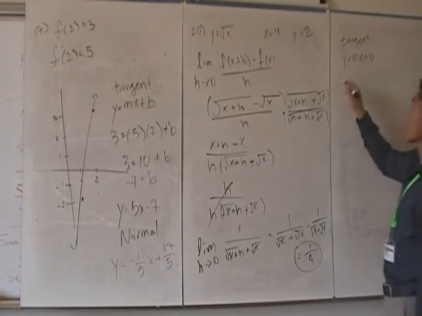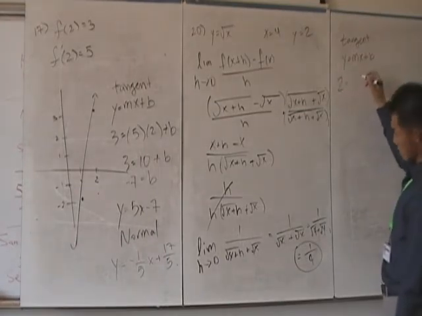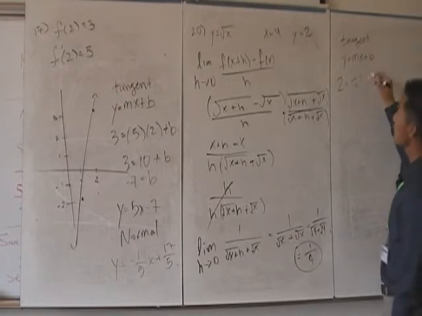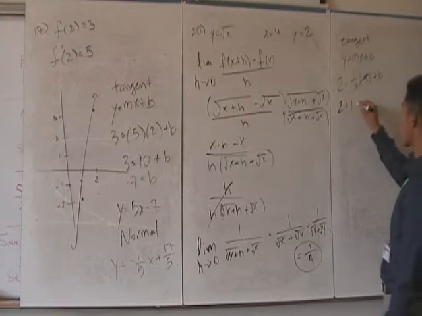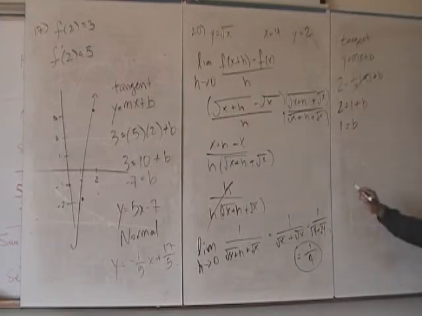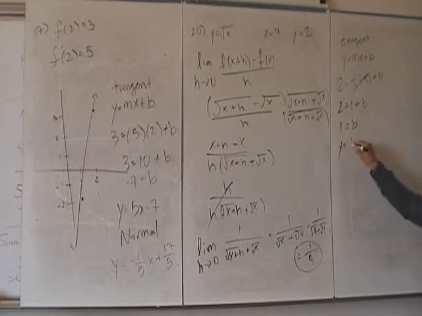We're going to plug in everything we know. 2 equals 1/4 times 4 plus b. 4 cancels out, so 2 is equal to 1 plus b. b is equal to 1. So your tangent line is y equals 1/4 x plus 1.